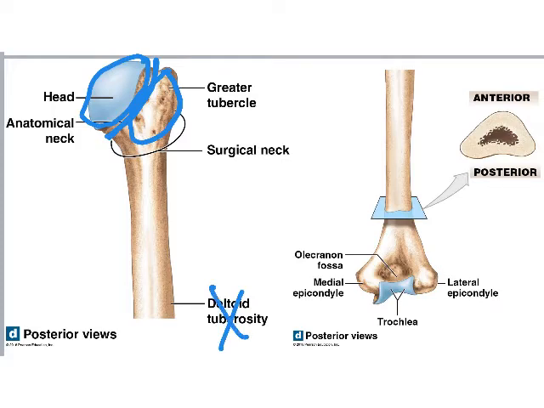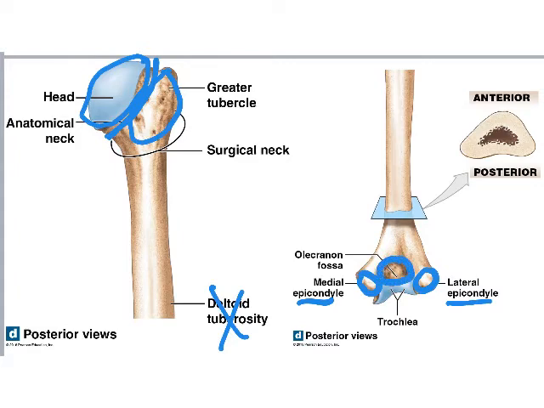Okay, as you go inferior or distal on the humerus, and you're still looking at the posterior view, it looks a little bit different. You still have a lateral and a medial epicondyle, and you can see them a little bit better, these projections coming out. But the fossa is different. Instead of having two fossas, you're only going to have one larger fossa or depression here.